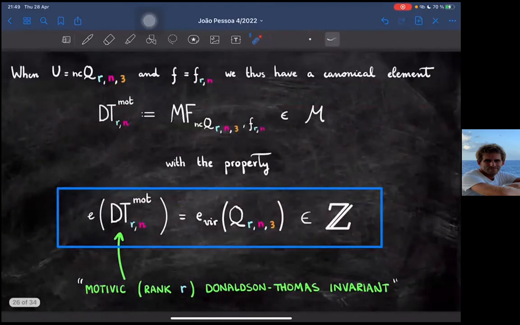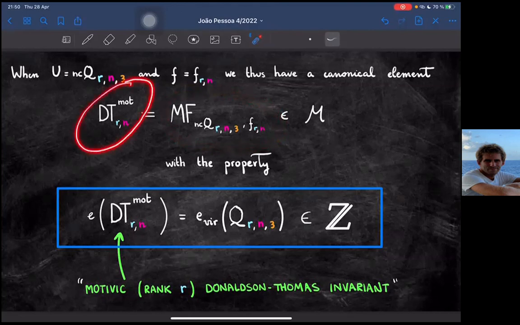Okay, so now we go back to our Quot scheme, which we realized as a critical locus. So we have an ambient space U and the function f, the trace function we saw before. We can construct the Milnor fiber attached to this pair, and we call it DT motivic, the motivic DT invariant.